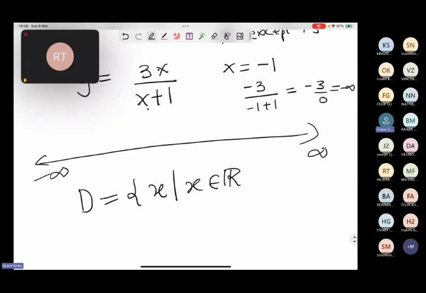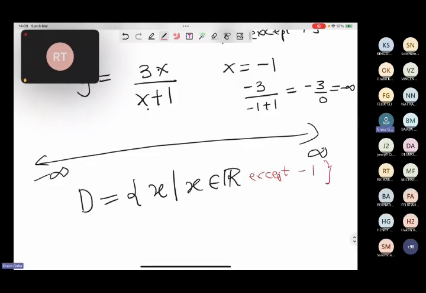The function breaks down. And so we don't want -1 within our domain. So the domain would be the set of all real numbers minus the set that contains -1. Or in senior high level, we would have just written the set of all real numbers except -1.